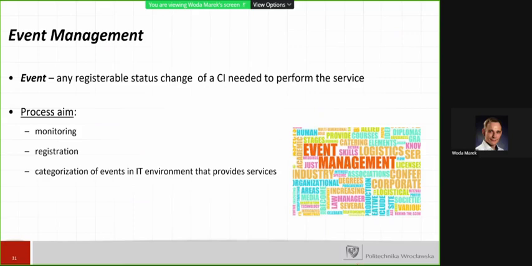The event is the potential situation that from time to time something happens on that equipment, and this is vital to provide the service.